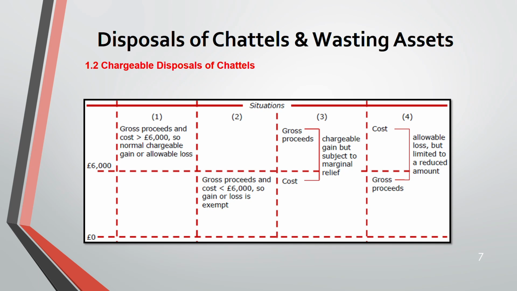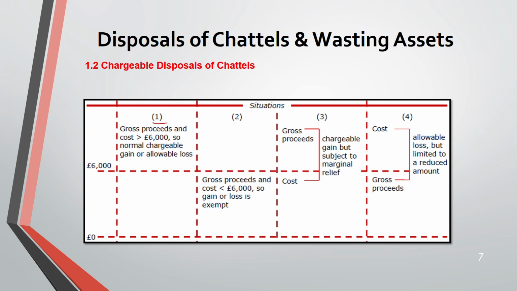First we'll go through situation number 1, where both your proceeds and your cost, selling price and cost, are more than 6,000. So normally it is chargeable. Normal chargeable gain or allowable loss will be calculated.